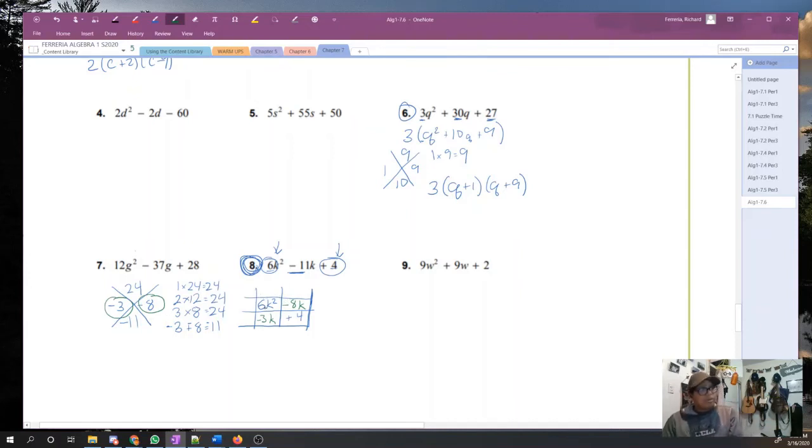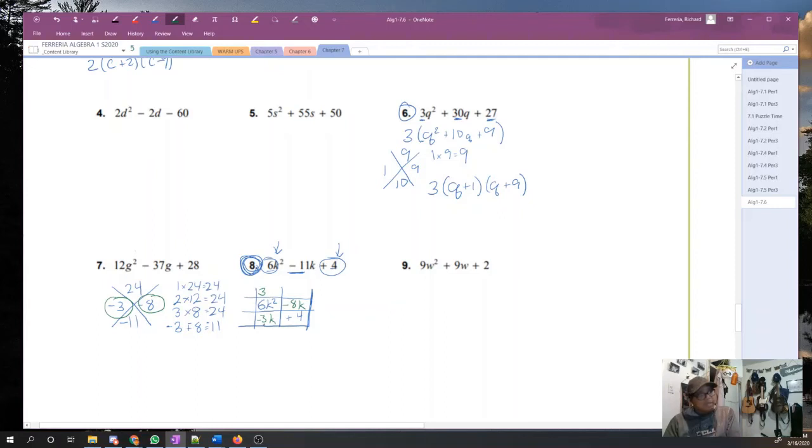Is there a number that goes into 6k squared and negative 3k? Well, the greatest common factor of 6 and 3 is 3. Okay, it's going to be a number that's smaller than, or at least as small as the smallest.